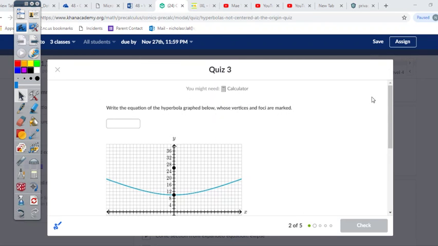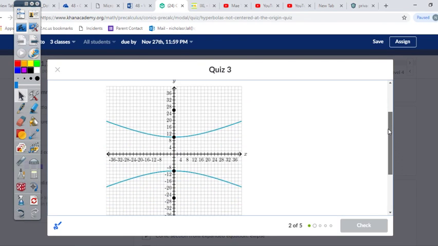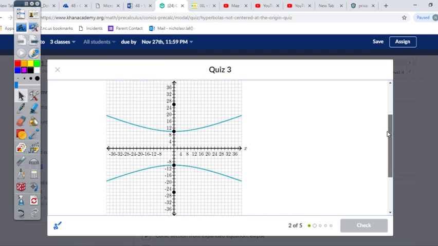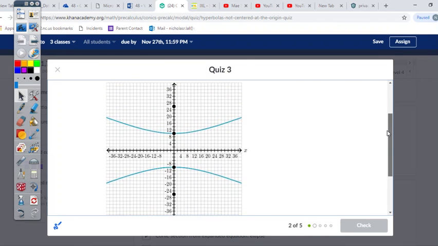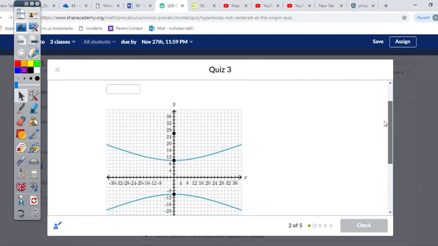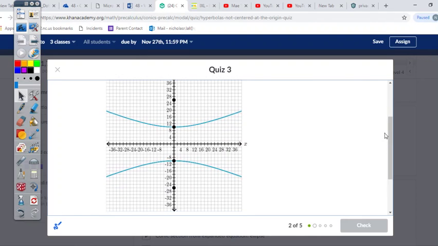Write an equation of the hyperbola below, whose vertices and foci are marked. Okay? So let's get some information here. It's a vertical hyperbola. So because it's a vertical hyperbola, the y term is going to be positive.